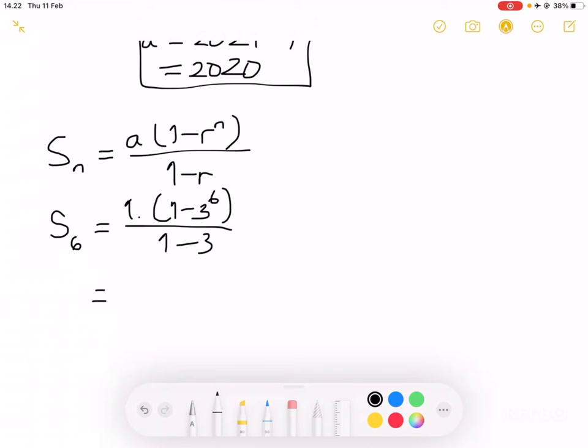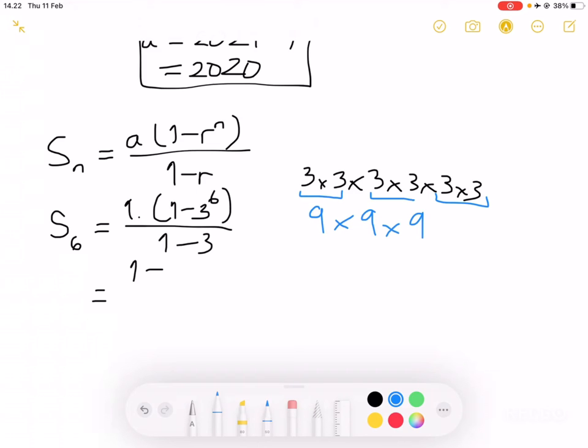So on top we get 1 minus 3 to the power 6. We can visualize this as 3 multiplied by 3, 6 times. Perhaps we can group some terms to make everything simple. So we have 9 times 9 times 9. 9 times 9 is 81, and then multiplied by 9 we get 729.